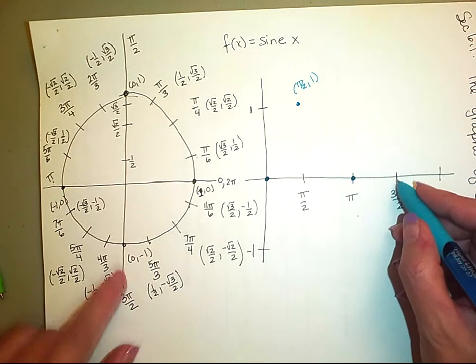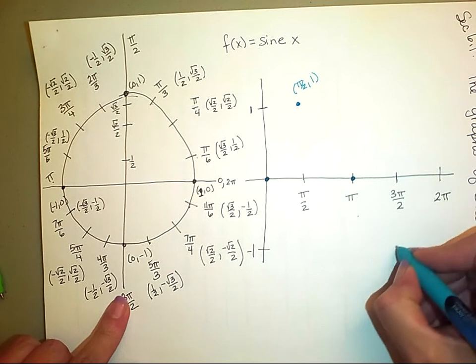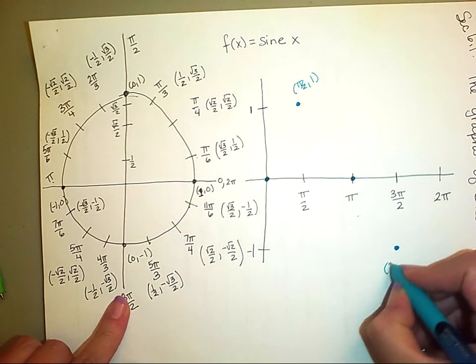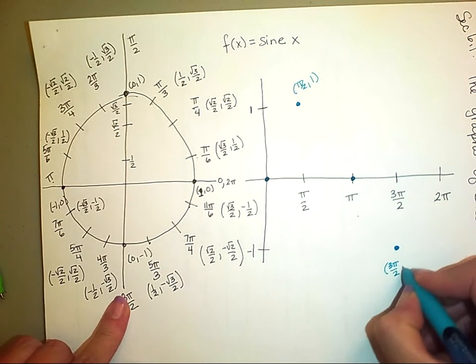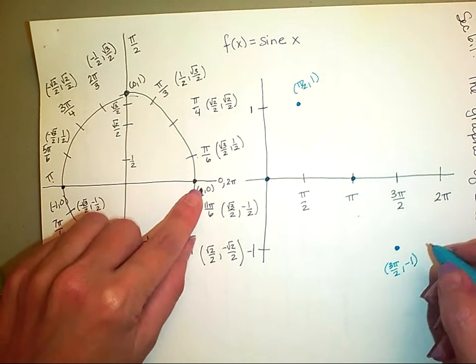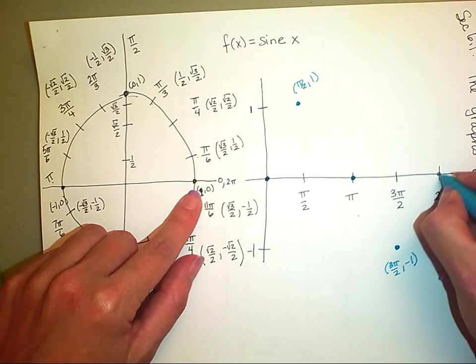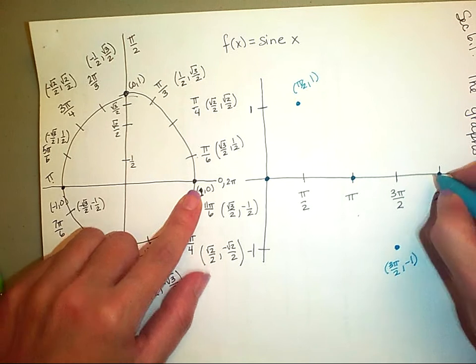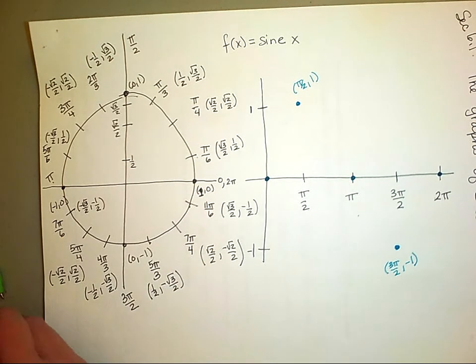At 3 pi over 2, we've decreased to negative 1. So this is the point 3 pi over 2, comma negative 1. And then as we continue around at 2 pi, the sine is back to 0. Okay. So those are the main points that we have.